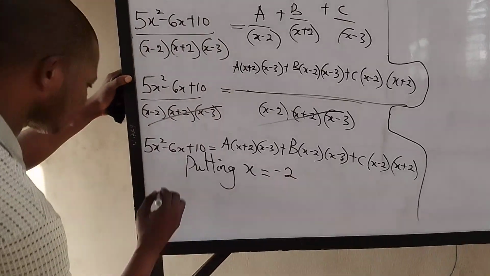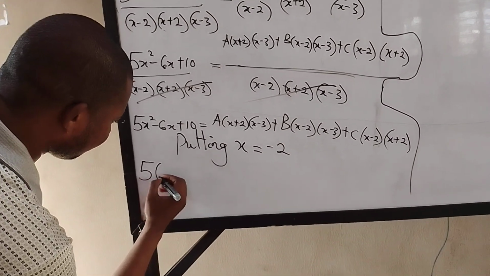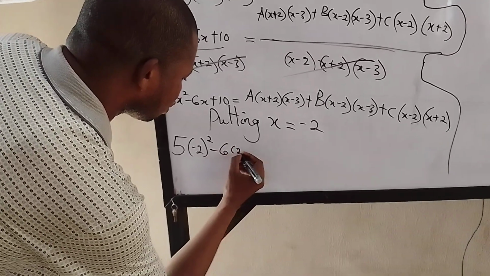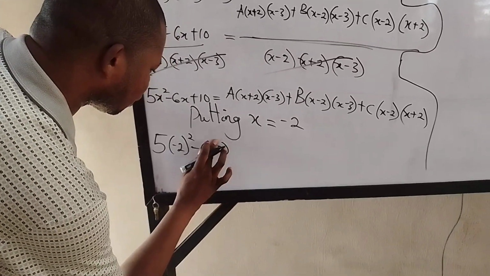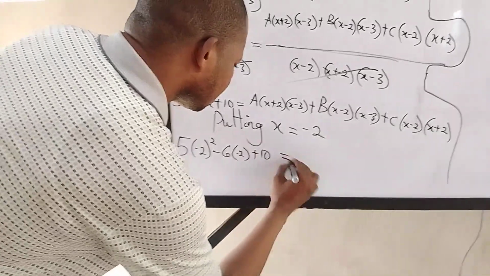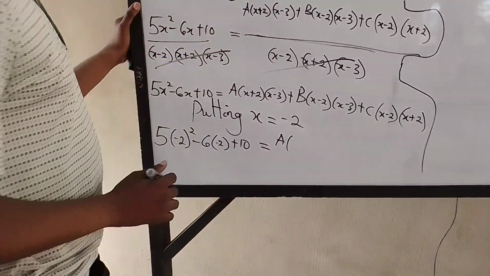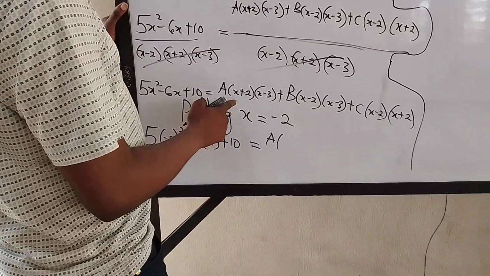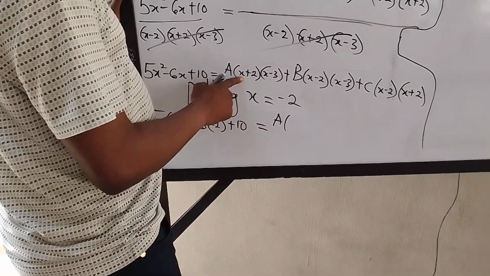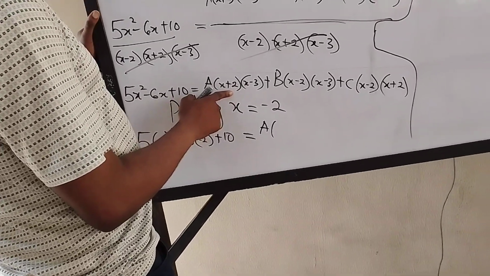Any place I see x, I'll put -2. I will have 5 into -2 squared minus 6 into -2, plus 10, is equal to A into, if I put x as -2, this is -2 plus 2, which is 0.